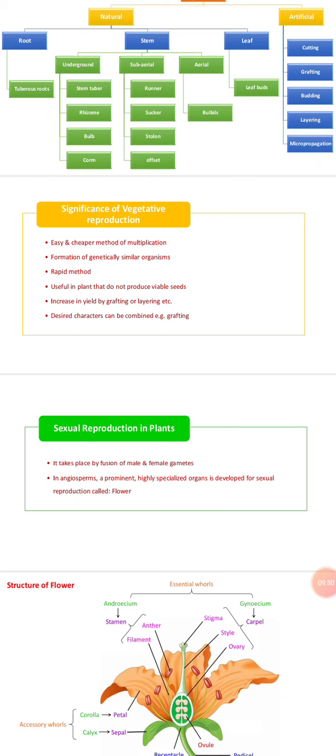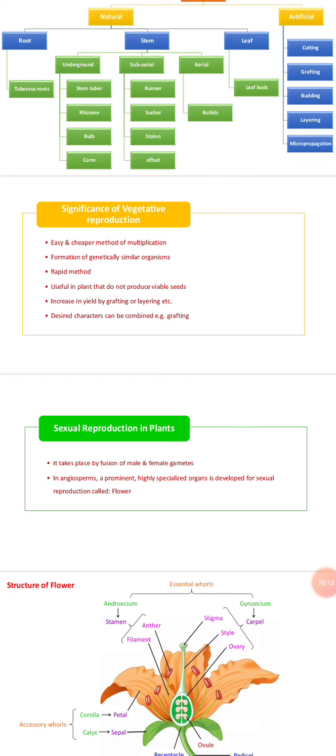Let us talk about the subaerial part. Subaerial modified stems include runner, then sucker, then stolon, then offset. Among them, for runner, we can give the example of Cynodon dactylon, the Durva plant.